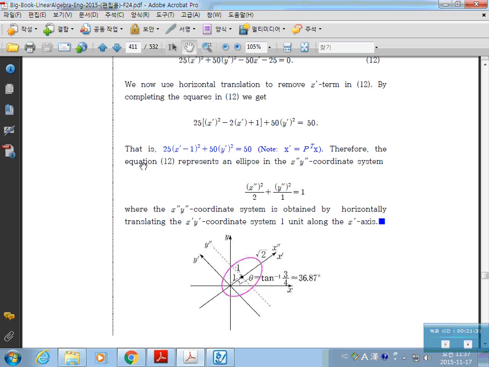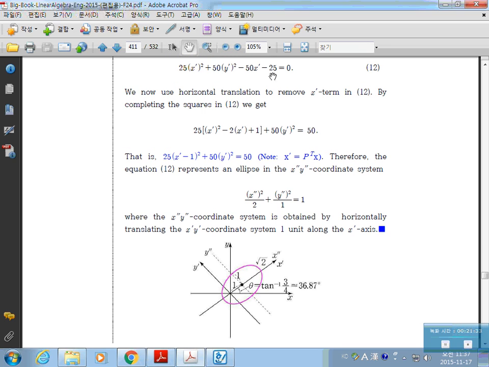Therefore, equation 12 can be represented as an ellipse in a new x double prime y double prime coordinate system like this, isn't it? This can be written in this way. So this is what? An ellipse in a new coordinate x double prime y double prime.